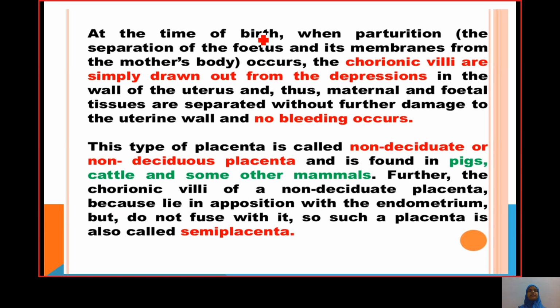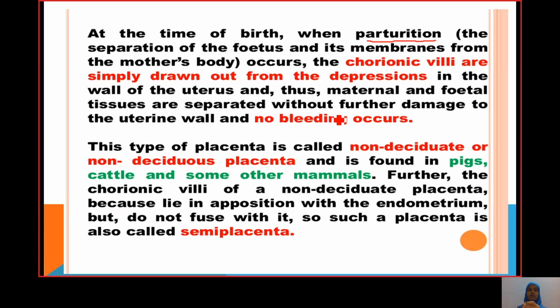At the time of birth, when parturition occurs, the chorionic villi are simply drawn from the depressions in the walls of the uterus, and thus maternal and fetal tissues separate without further damage to the uterine walls, and no bleeding occurs when the baby is born. Parturition is nothing but giving birth to the baby.